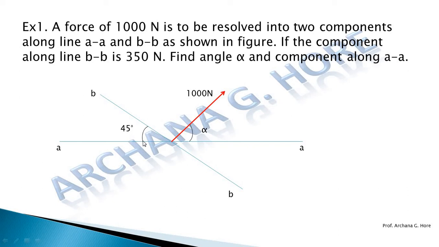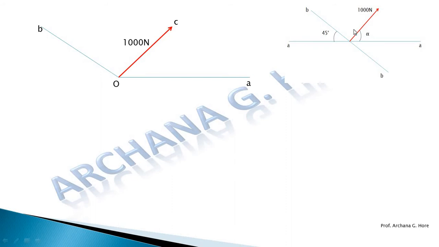Now that we know the type of problem, apply the non-orthogonal steps to this problem by keeping this force as a diagonal. Draw a parallelogram, keeping the force component along AA as one of the sides, and the second side along BB. This is the original diagram.